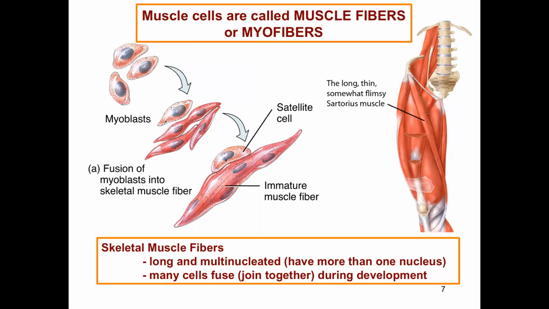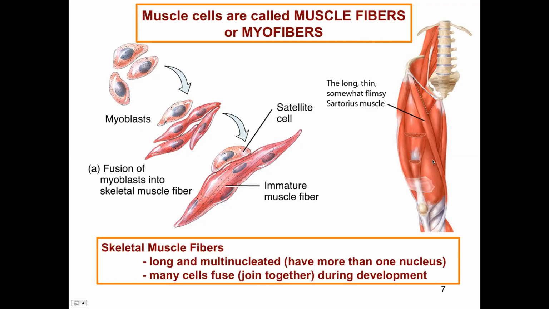So first of all, remember that skeletal muscle fibers can be incredibly long, right? I always use the sartorius muscle as the example. So the sartorius muscle stretches from the outer part of the hip to the inner part of the knee. And understand that in this muscle belly, the cells are that long. It's not multiple cells making up the length of this muscle. One muscle fiber stretches from the hip to the knee, okay?